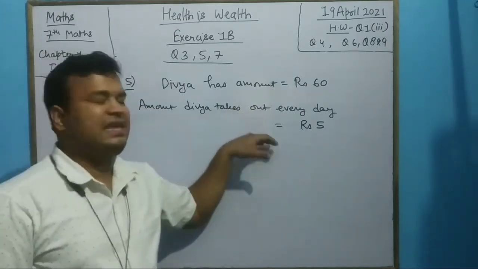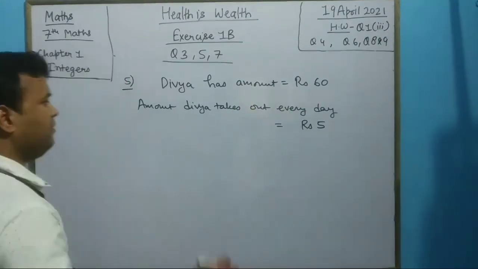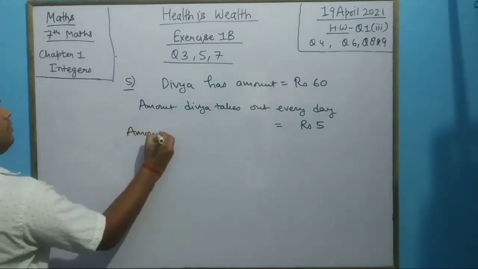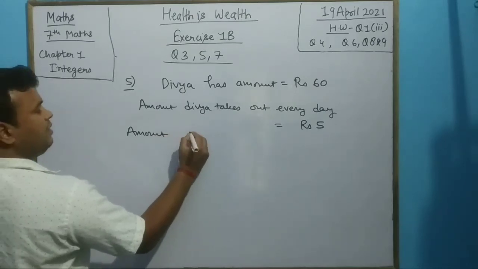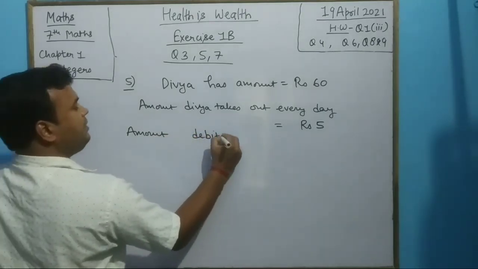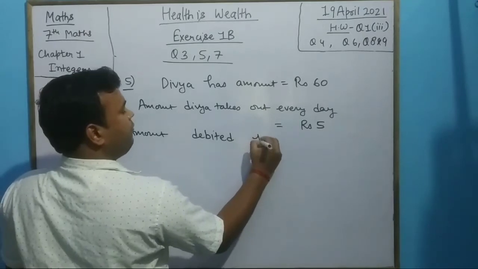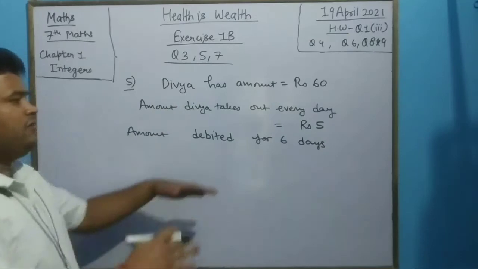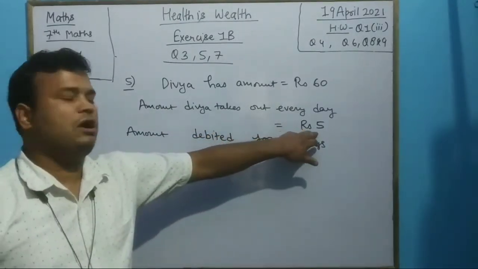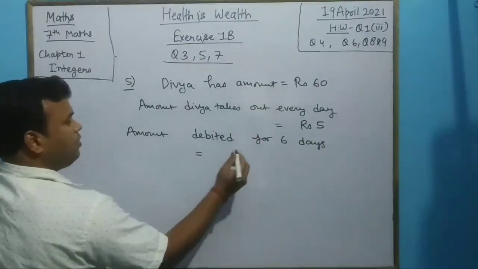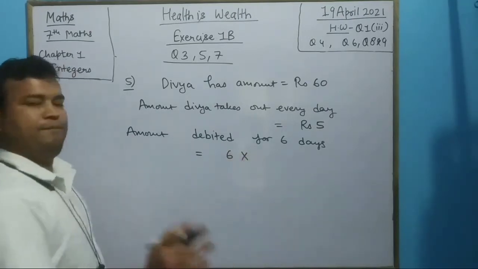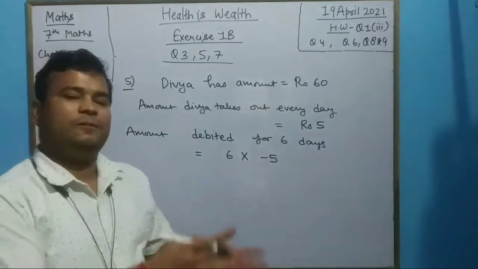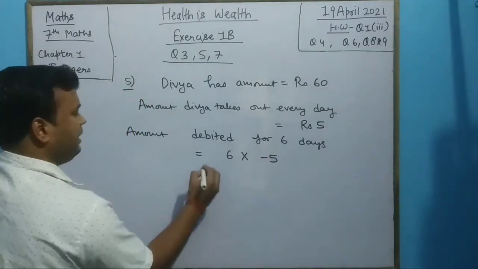And she does this continuously for 6 days. So the amount that is debited for 6 days. For 6 days she is continuously taking out 5 rupees. So 6 multiplied by minus 5, because 5 rupees is subtracted each day.